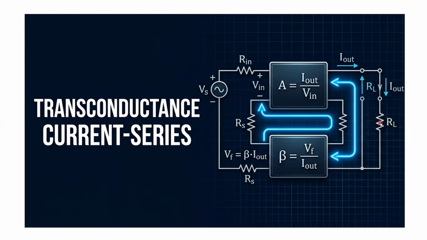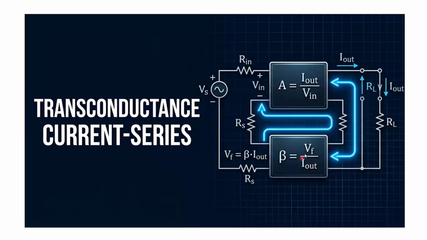So this output voltage we have available, and a portion of this output voltage can be fed back to the input by means of this additional circuit, usually made of some passives, and that is called the feedback factor, given by the letter beta, which is the ratio of the feedback voltage Vf, the portion of the output voltage we are feeding back to the input side, divided by the output current.